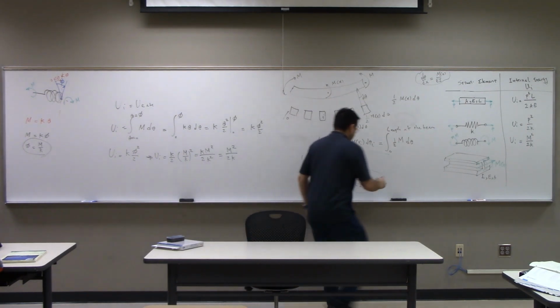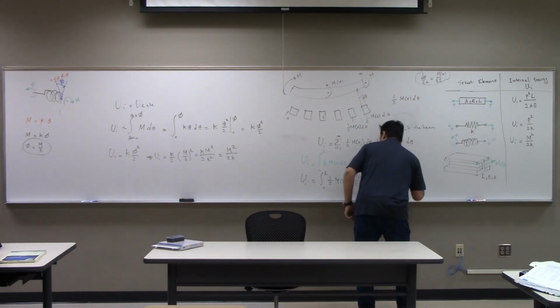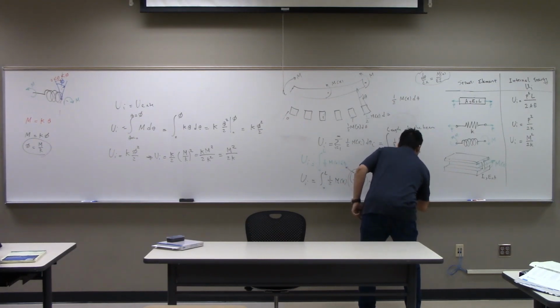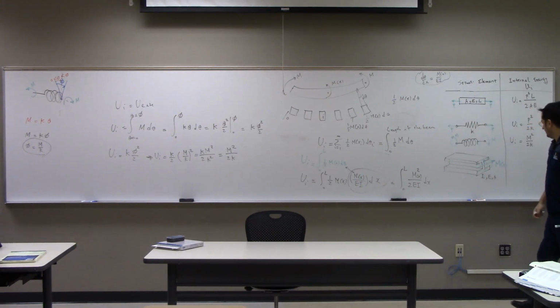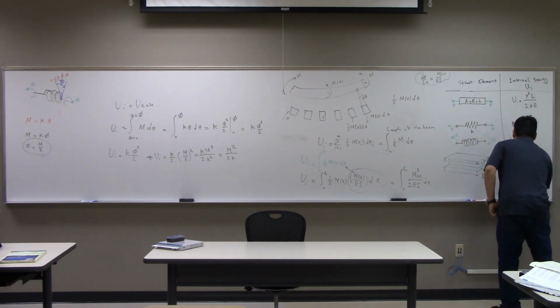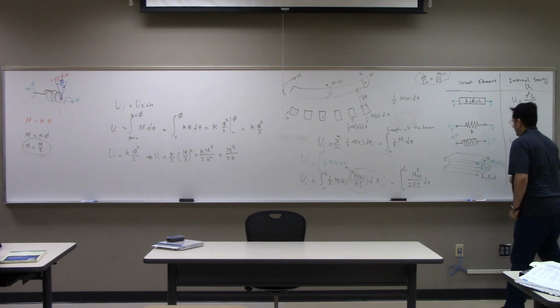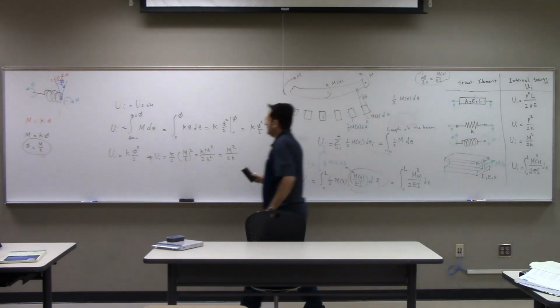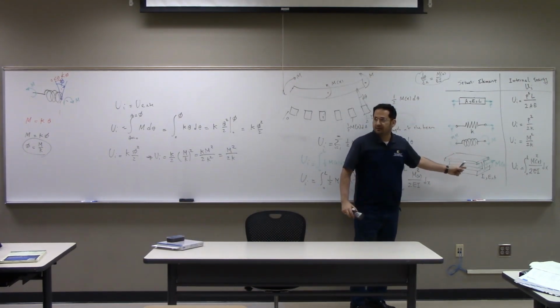So if you simplify that, this becomes the integral from 0 to L of M squared over 2EI dx. So that's the final relation. So I write it here. The internal energy of a beam is the integral from 0 to the entire length of the beam of the moment relation squared divided by 2EI, dx.